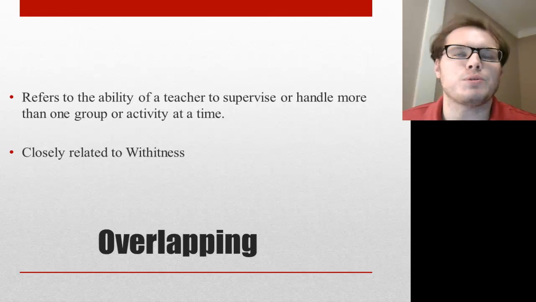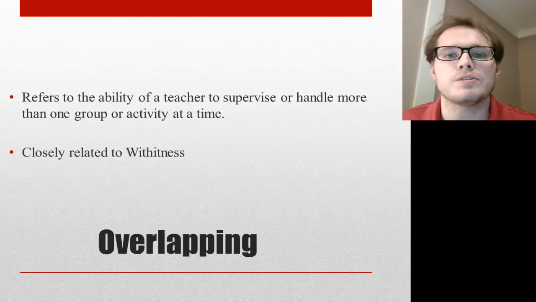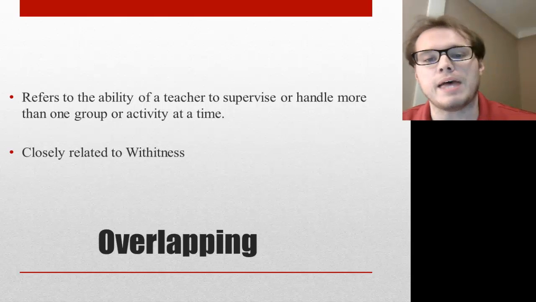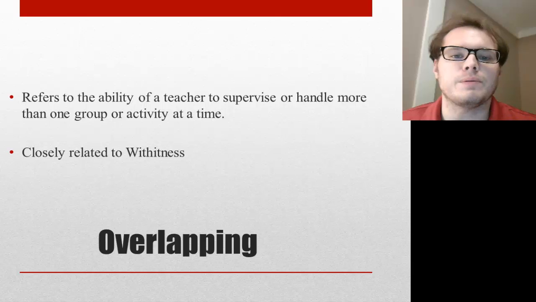So, for example, you could be working with a group on one side of the classroom and helping them with something that they're engaged in, the group work that you have presented them with, and yet you can see that the group across the room from them, that many of the members are on their cell phones and they're off task, and then you can recognize that and correct that behavior while you're still helping other people. This is something that I think is very difficult and challenging to do, but it's also very important to do.